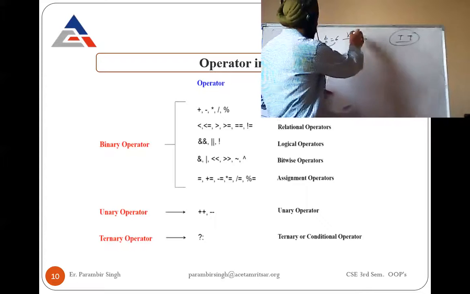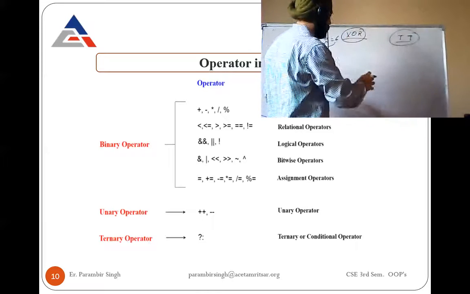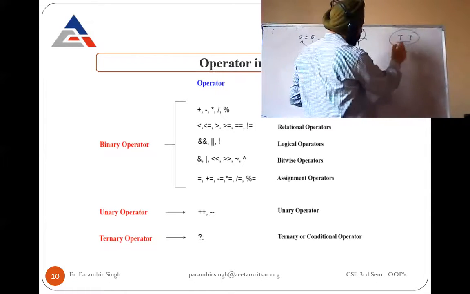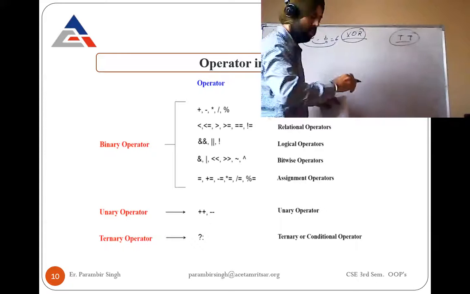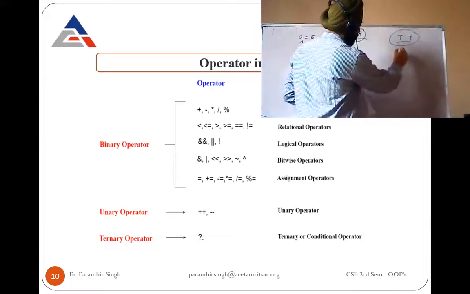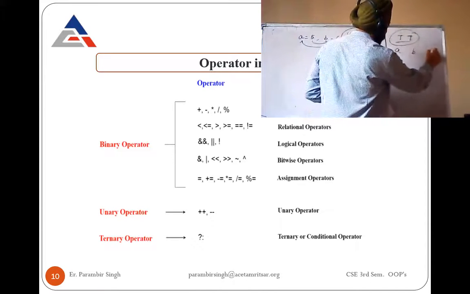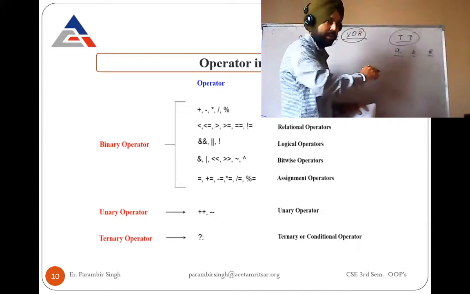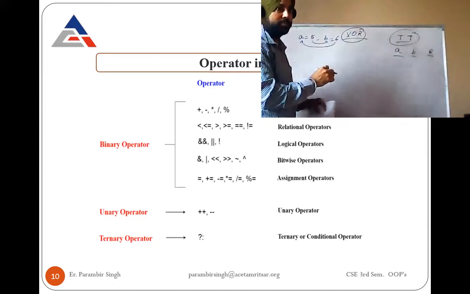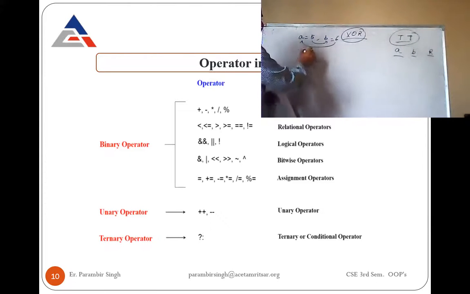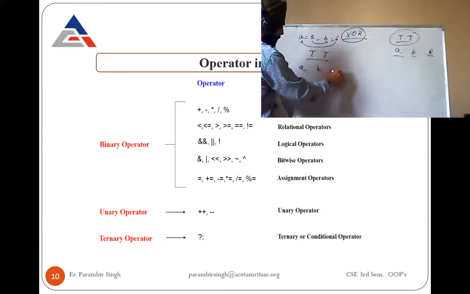So I am going to explain the XOR truth table. Suppose the value of A and B, and R is the result.